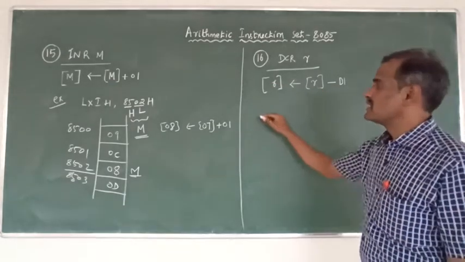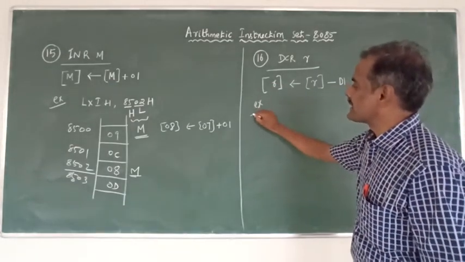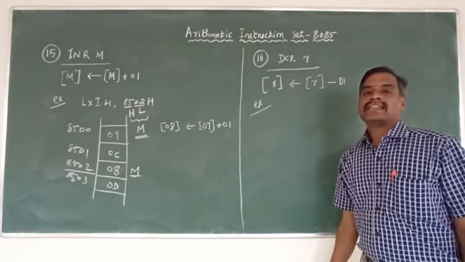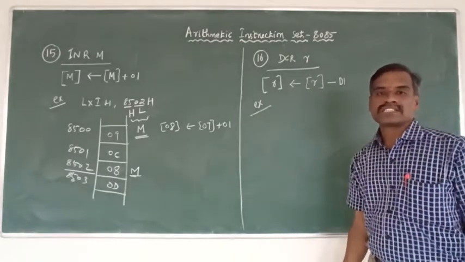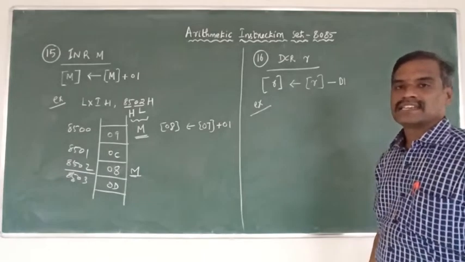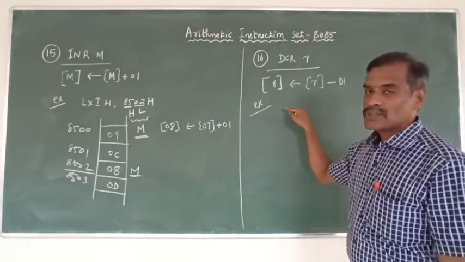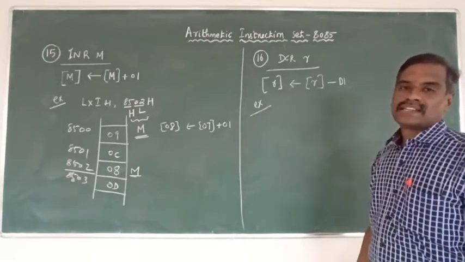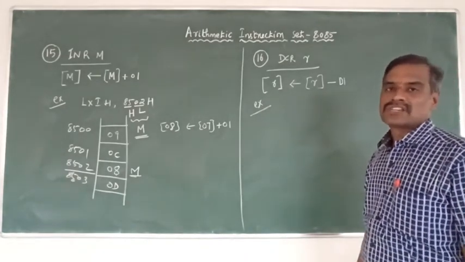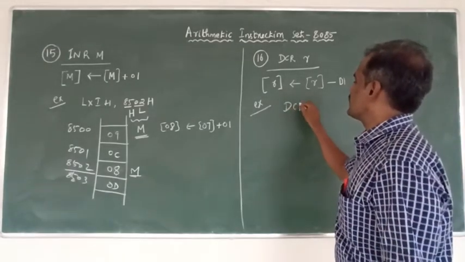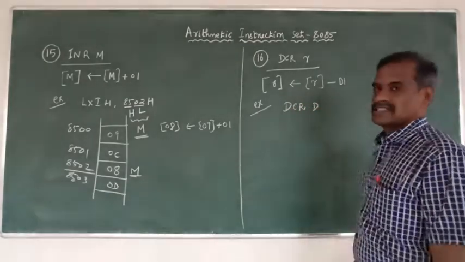Here R represents any general purpose register: B, C, D, E, H and L, and also the accumulator, the A register.